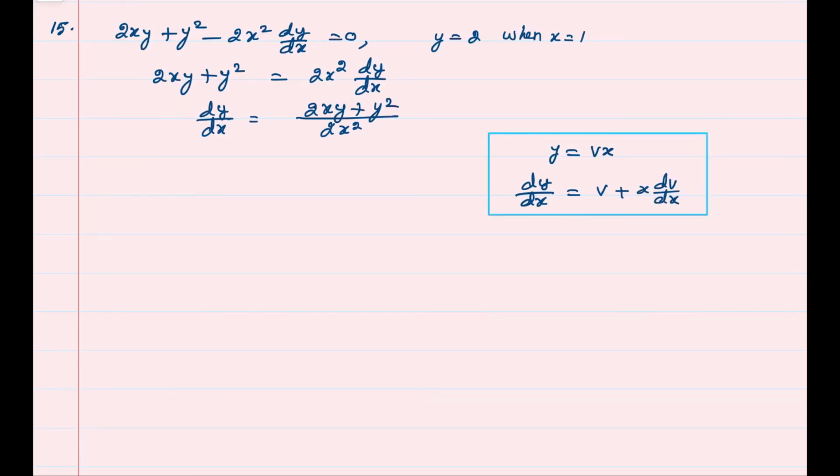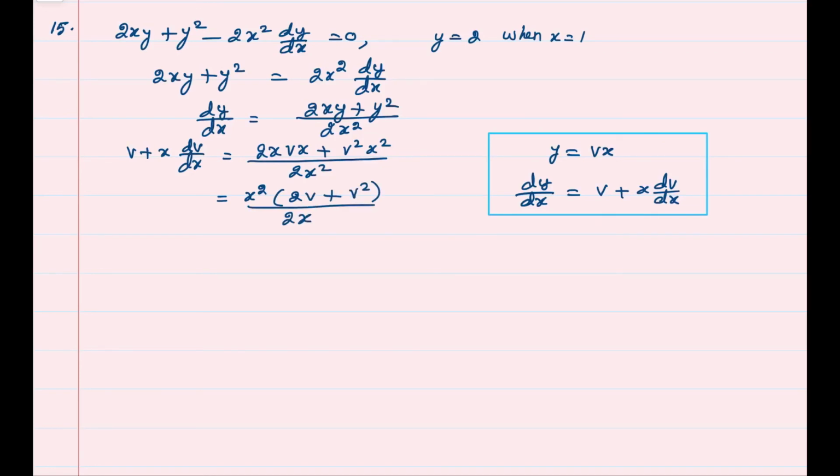dy by dx is v plus x dv by dx, and 2x, y is vx, plus v square x square, divided by 2x square. x square is common, 2v plus v square upon 2.